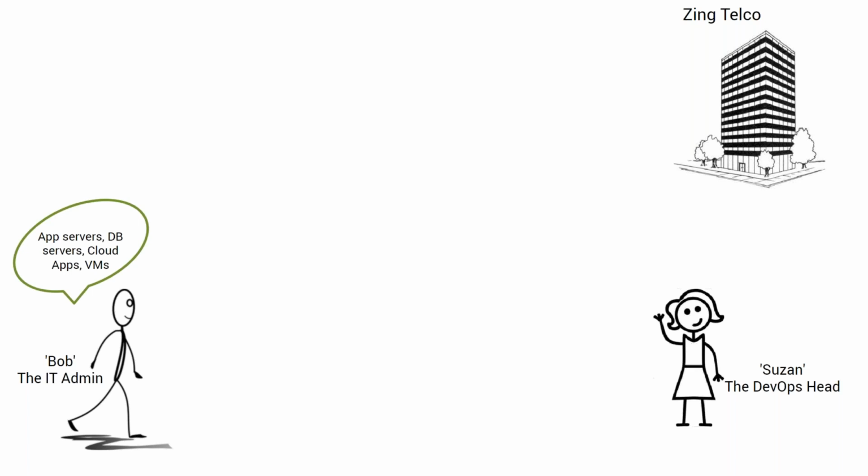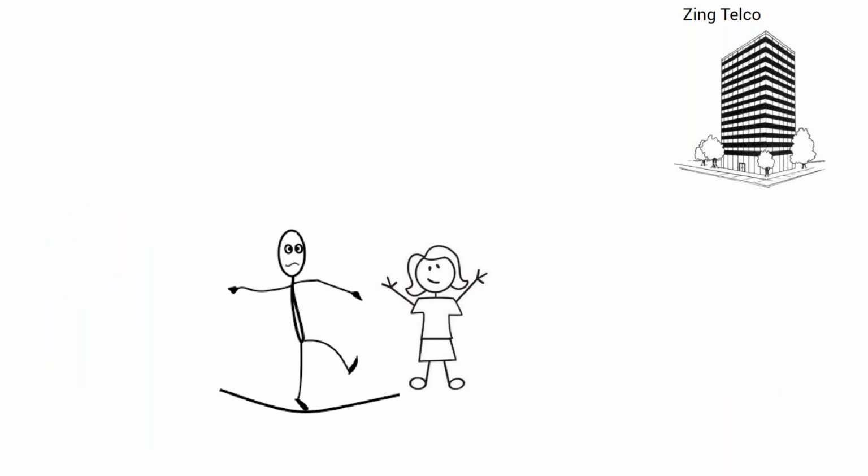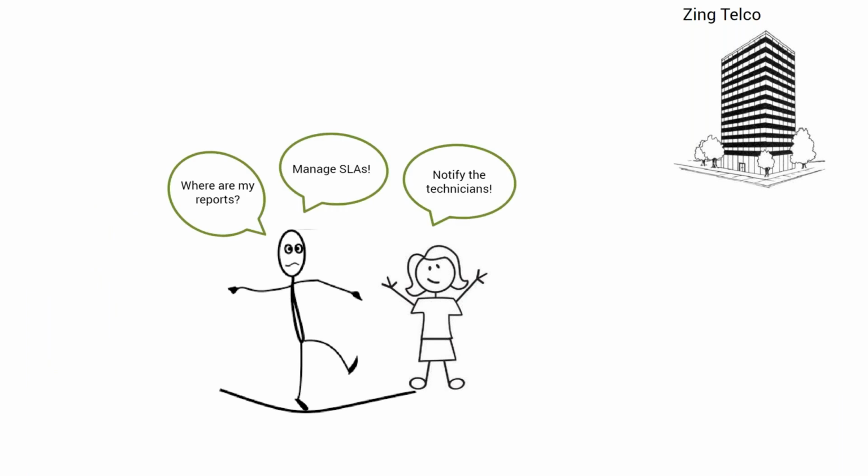And on the other hand, Susan, the development head, is always worried about various thresholds, alarms, and trying to troubleshoot critical performance issues that could hinder the seamless delivery of services to their end users. And by the end of the day, one can only imagine what goes on in Bob and Susan's heads when they are already handling so many different aspects of application performance monitoring.